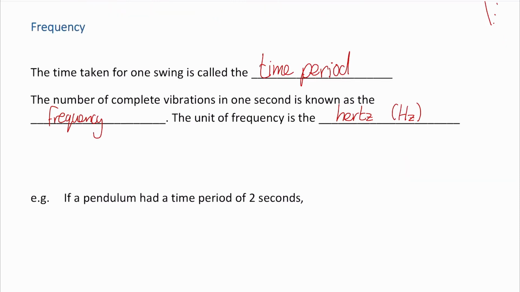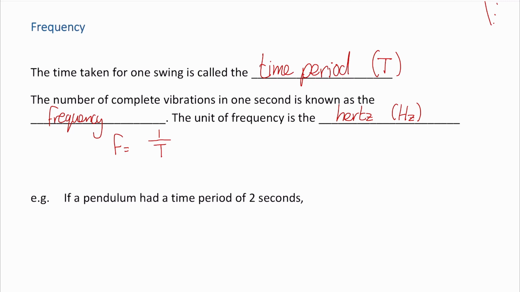The way we work out a frequency is we get our time period and we divide 1 by the time period. So we have a formula to use. Frequency equals 1 divided by the time period. I use the letter T for time period, a capital T. Small t normally just means any amount of time in physics.